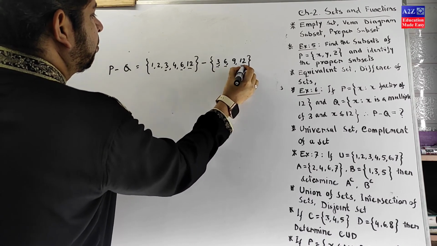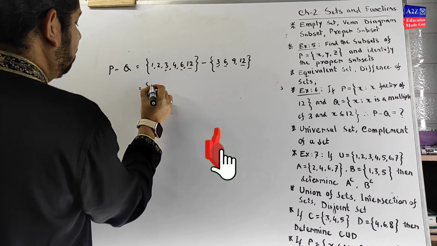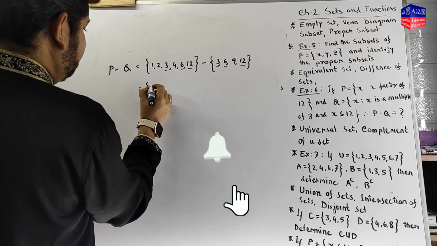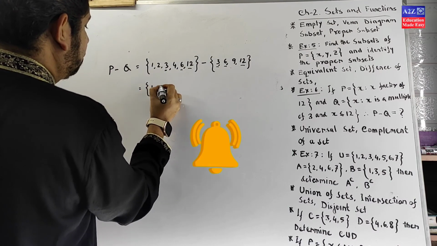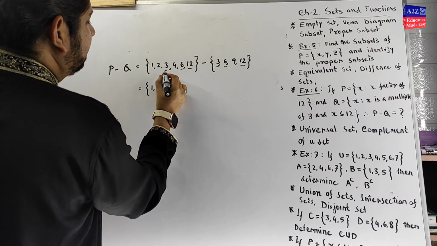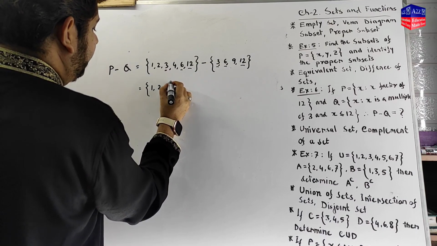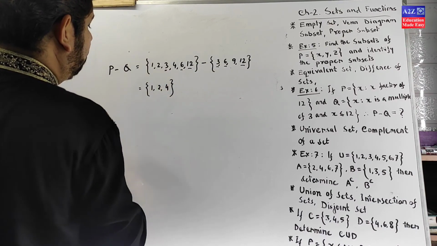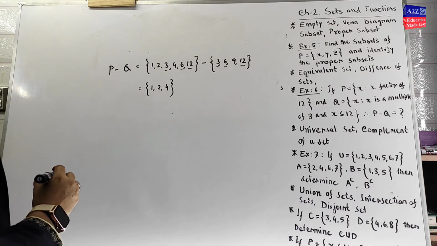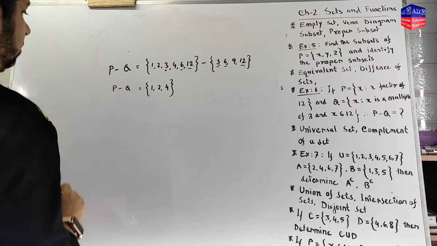So what will be the difference? I will just write down all the elements of the first set except the common elements. So it will be 1, 2, 4. Since 3, 6 and 12 are common, they are not included in the difference set. So 1, 2, 4 is the difference of sets P and Q, and this is read as P delete Q.